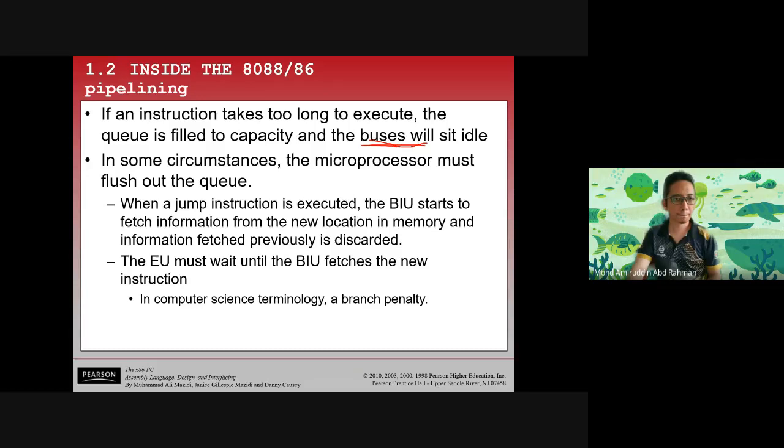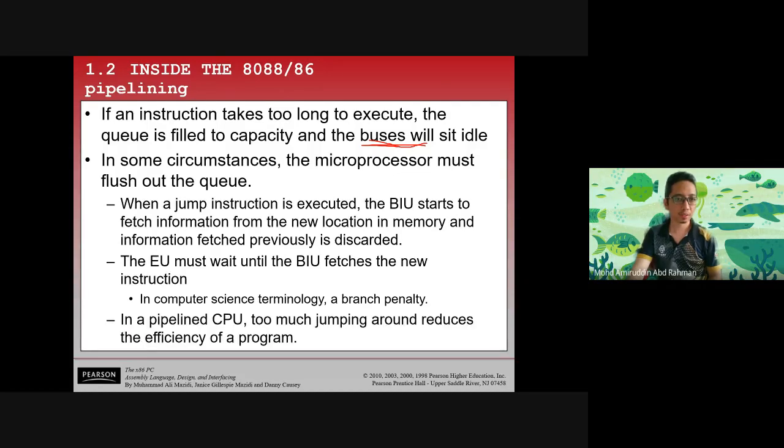As usual, the BIU needs to be ahead of the EU before it does the next execution. So this is called a branch penalty. In a pipelined CPU, too much jumping around reduces the efficiency of the program.